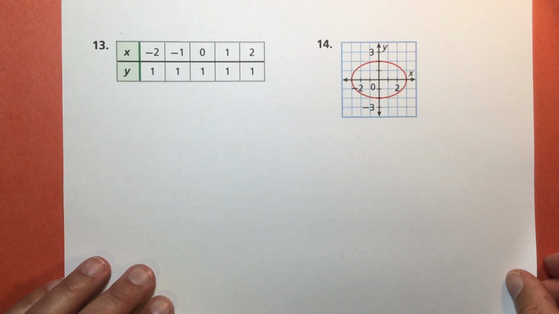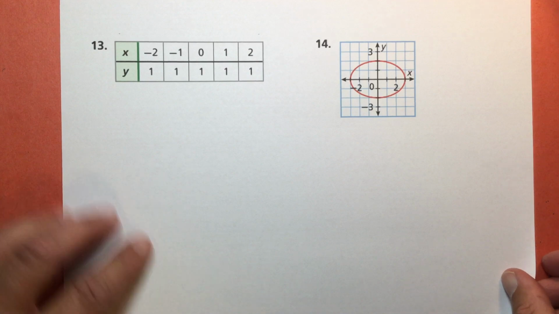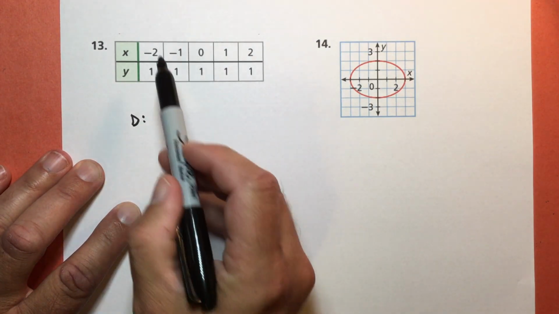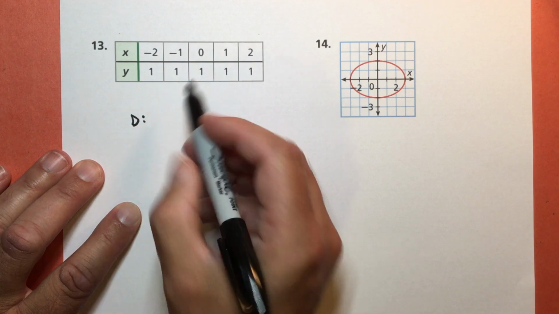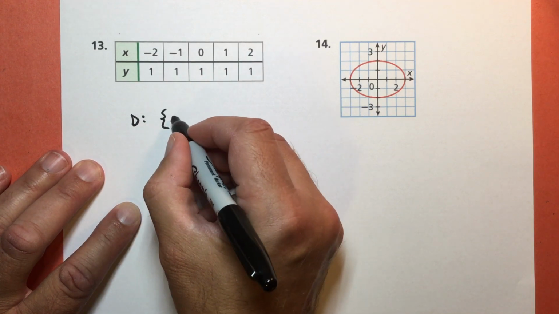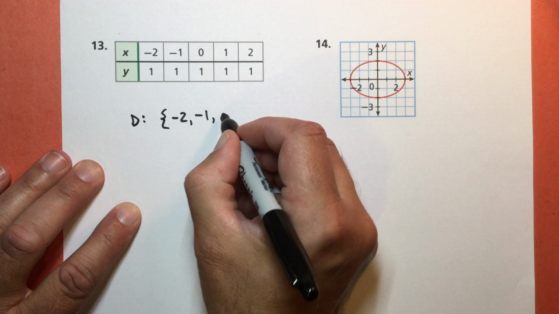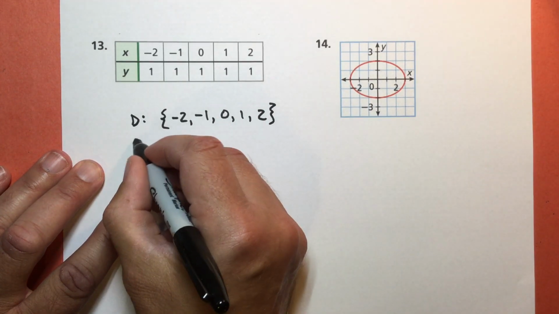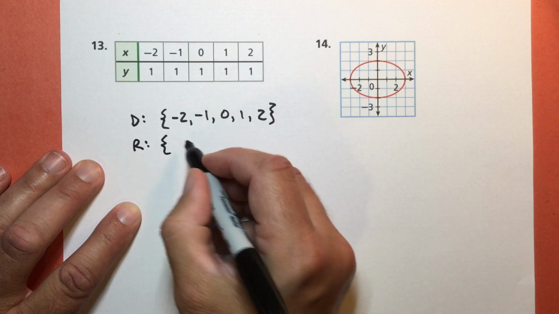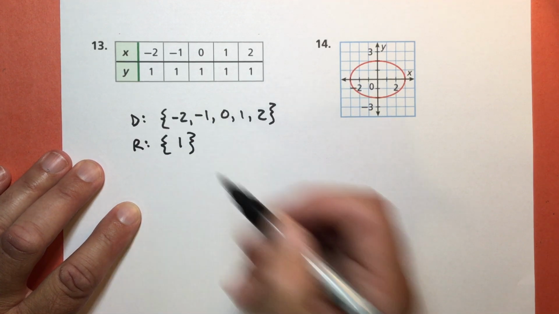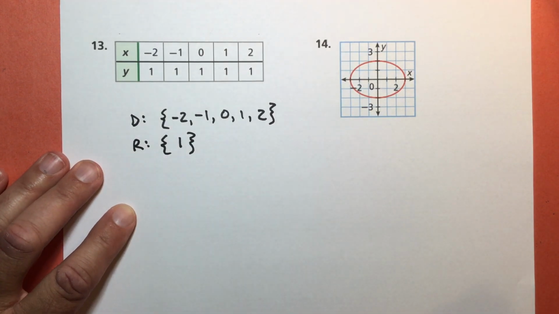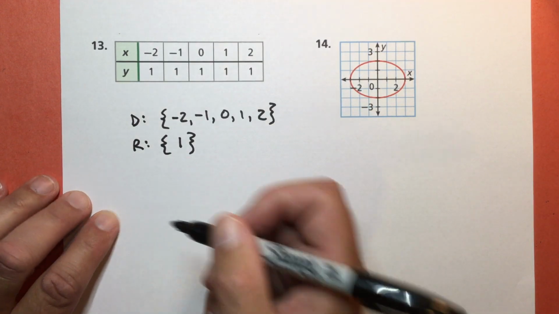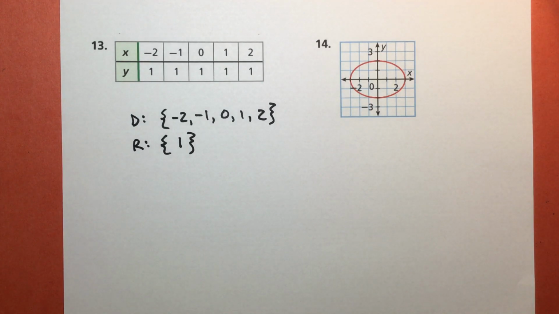Now for these two problems, I have a table and a graph. For problem 13, the domain is -2, -1, 0, 1, 2. Again, it's going to be the x values. And the range is just the number 1. Now, this one causes a lot of trouble. Is it a function?